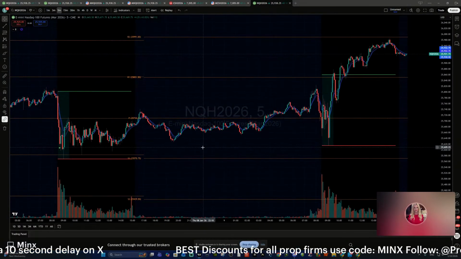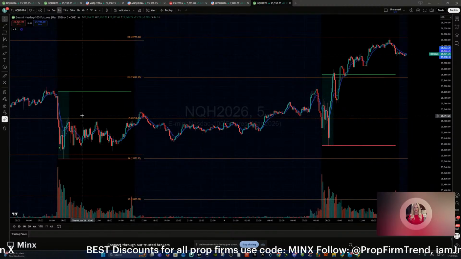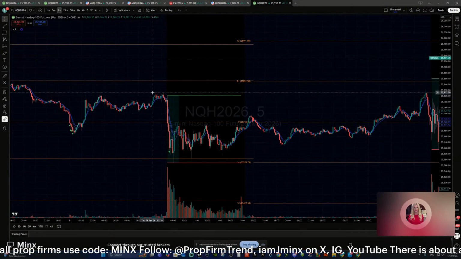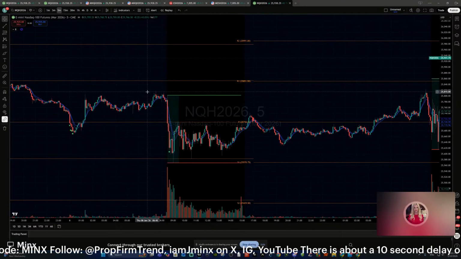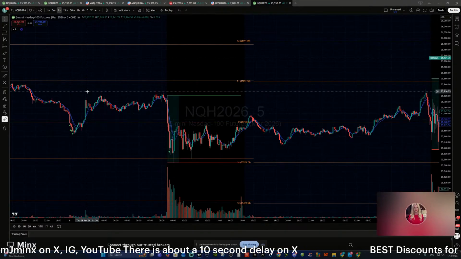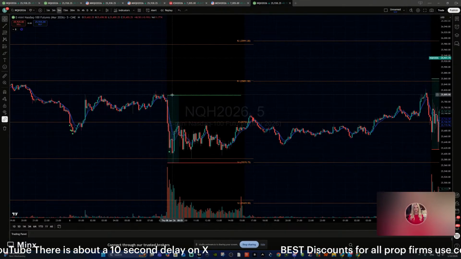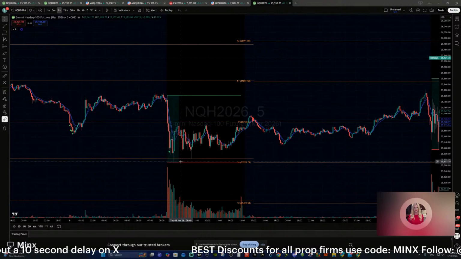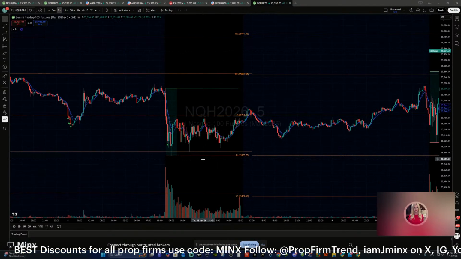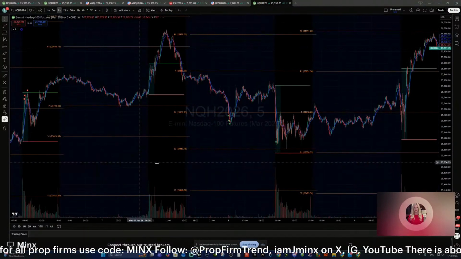Same thing here. Typically, this was London session. We tried to go up, rejected, came down. Then this is the pivot area. So that's something to just mark off.